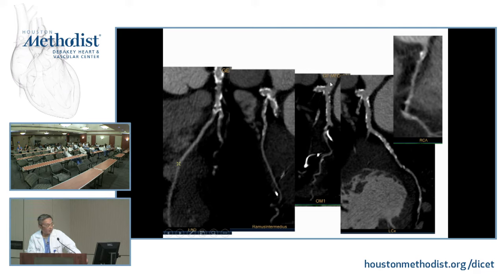This is the left main right here, then the proximal LAD, probably still okay. This area is proximal, and in the other projection it looks better. You can argue it's probably okay, you can manage the patient medically.